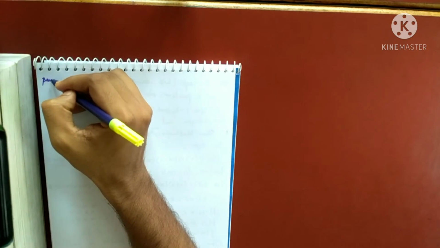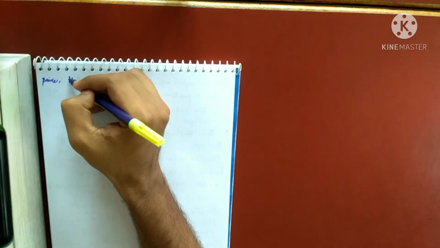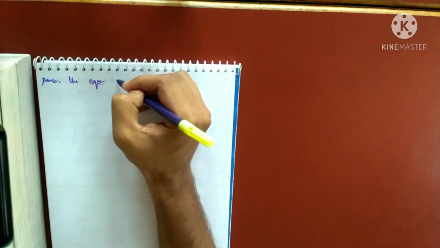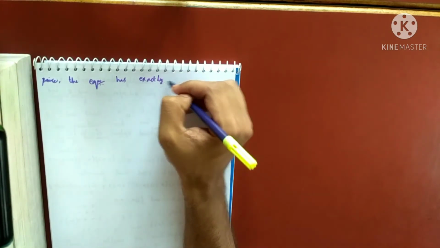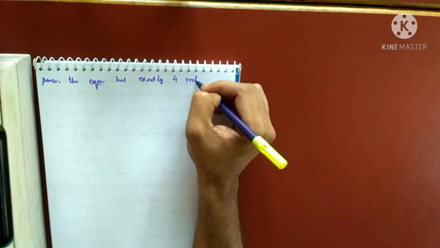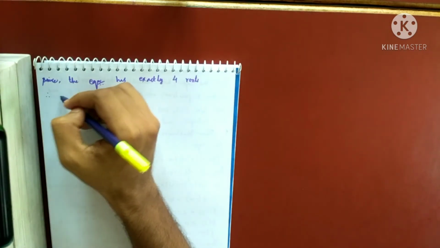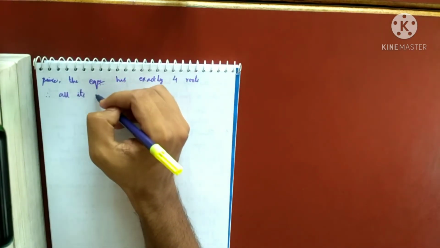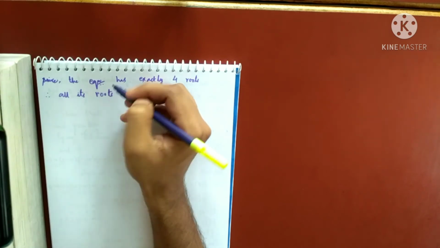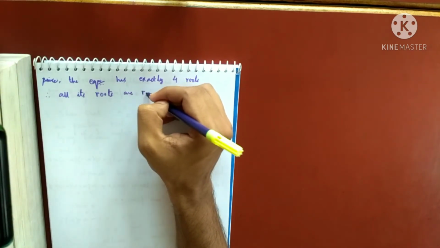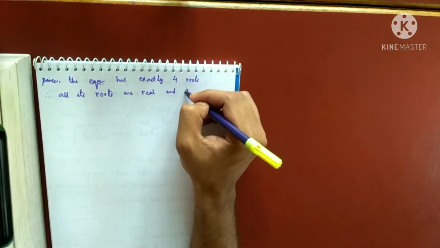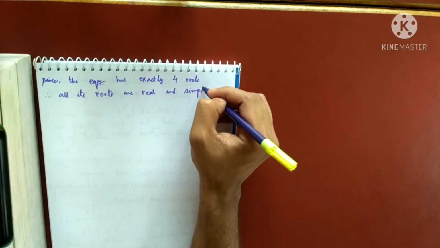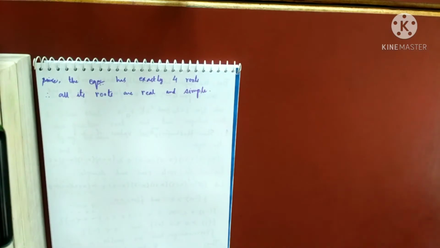Since the equation has exactly 4 roots, therefore all its roots are real, because each interval had a root, and simple also. Why simple? Because each interval contains exactly one root, no root is repeated, so all its roots are real and simple.